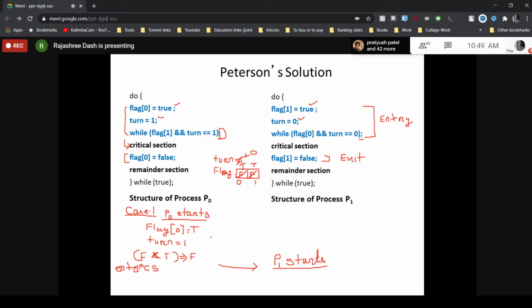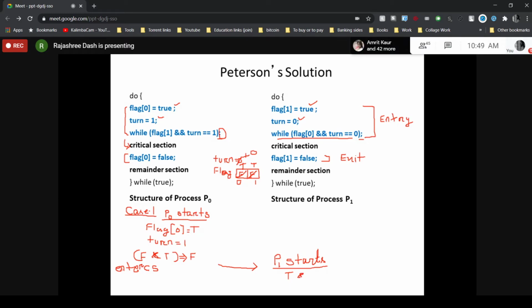Now when P1 executes its third statement, that means this while statement, what is the value of flag 0 now? True. So P1 checks the first condition, flag 0 is true.